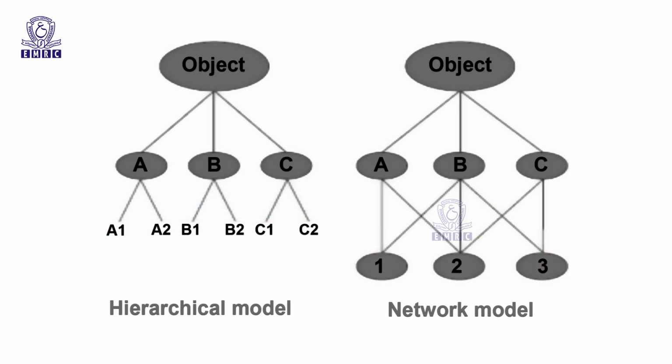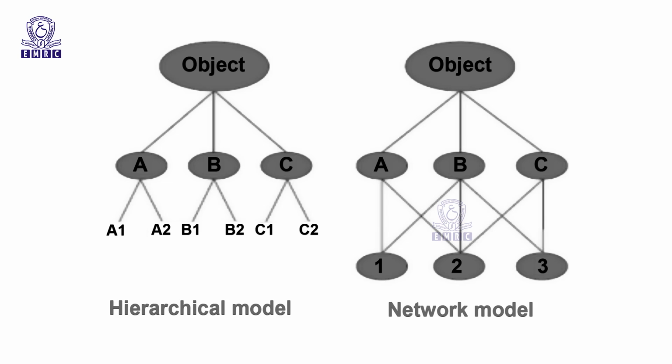You can see the difference between the hierarchical model and the network model. In the hierarchical model, each of the classes, that is A, B and C, are present at the same level, but all these values do not have the same parent. Whereas in the network model, you can find the linkage from level 3 to level 2, where A has a linkage with 1 and 2, B has a linkage with 2 and 3, and C has a linkage with 2 and 3.